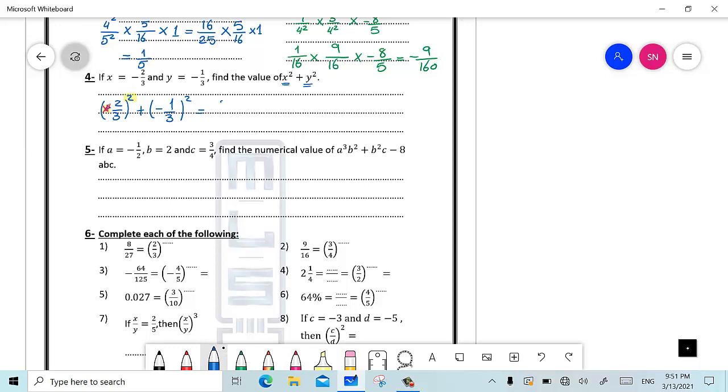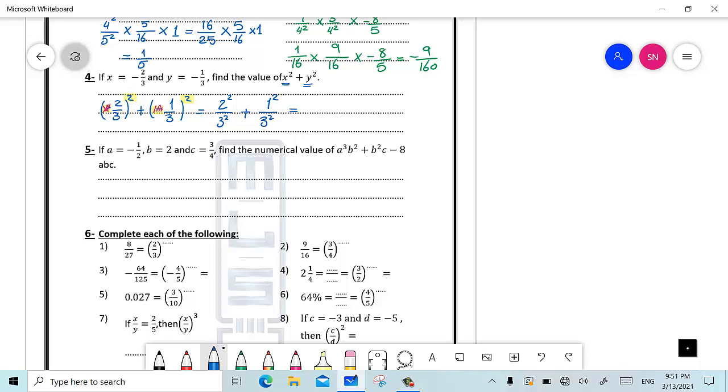I will have here 2 to the power of 2 over 3 to the power of 2 plus, again, a negative number raised to an even power. So again, the negative sign is going to be cancelled, and I'm going to have 1 to the power of 2 over 3 to the power of 2.